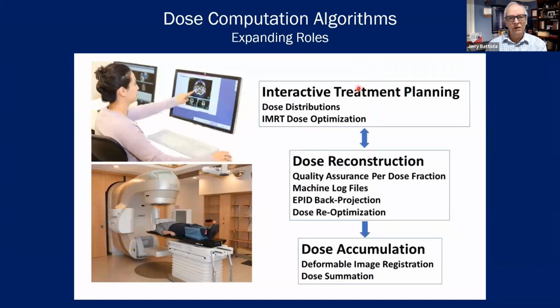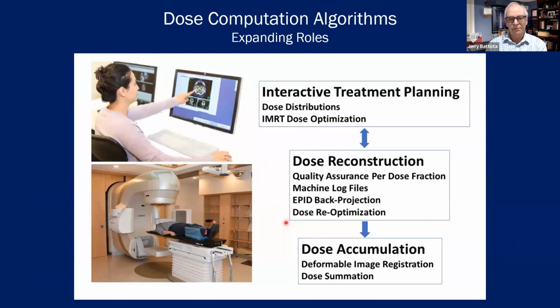I'm sure you know that dose algorithms are used for a number of procedures. The one that it's most often used for is interactive treatment planning and dose optimization. But there is more interest now in also dose reconstruction for the dose distribution of the day. This can use machine log files or an electronic portal imaging device with back projection.